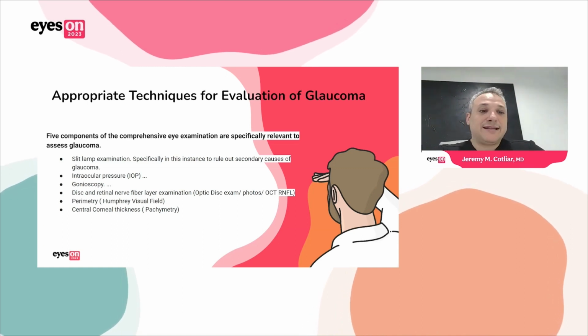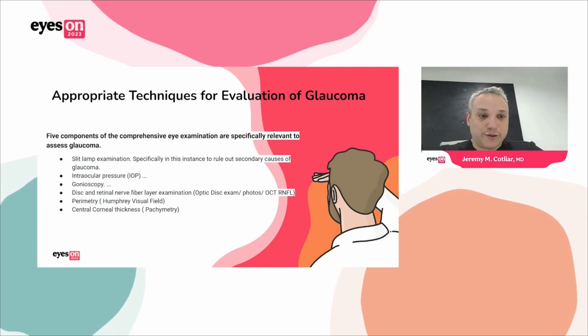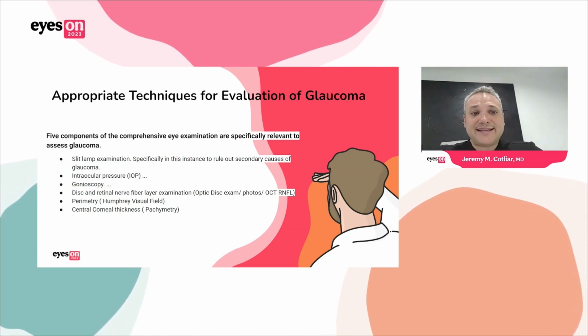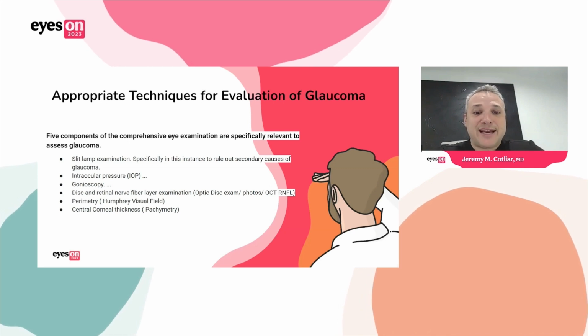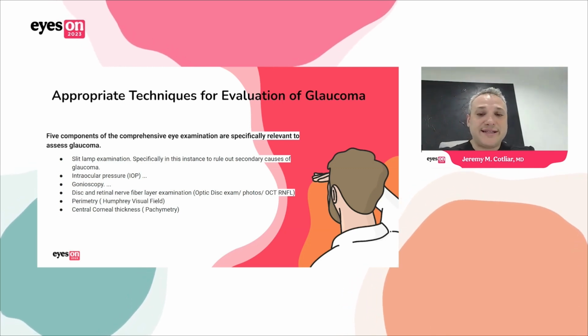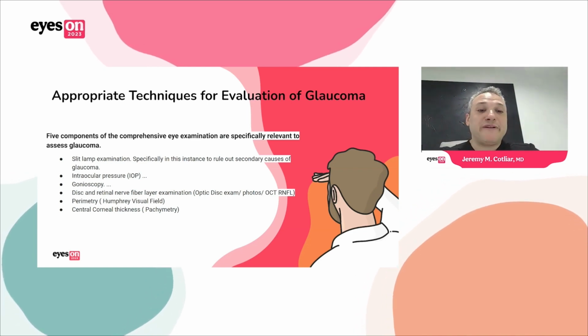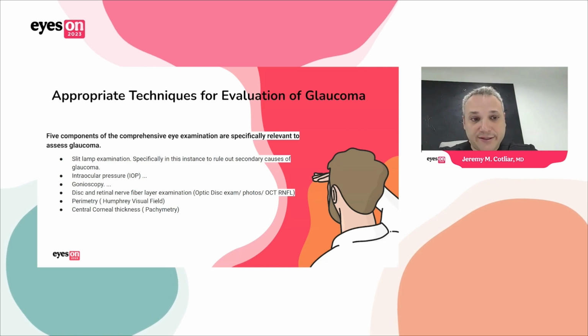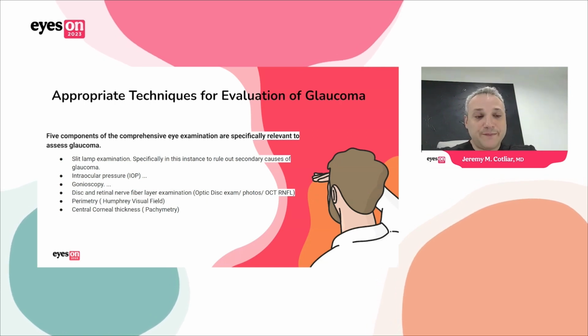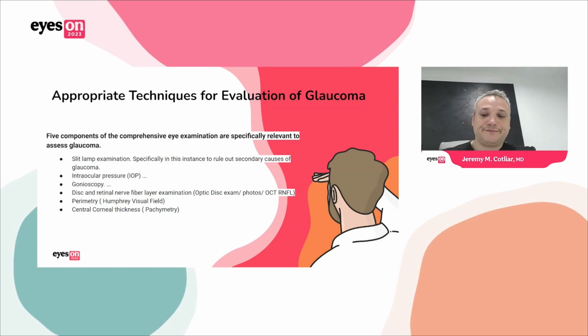Gonioscopy, which is the lens that goes on the eye to look at the structures of the angles. Disc and retinal nerve fiber layer examination, such as an optic disc examination, photos, and an OCT of the retinal nerve fiber layer. Perimetry, such as the Humphrey visual field, which is the test for peripheral vision. And central corneal thickness, such as pachymetry.